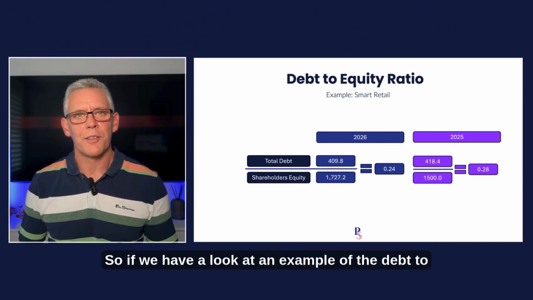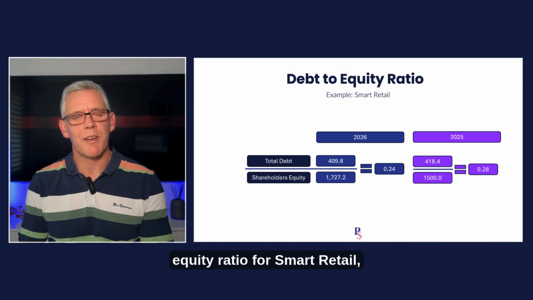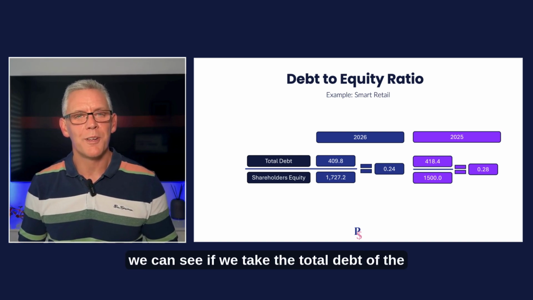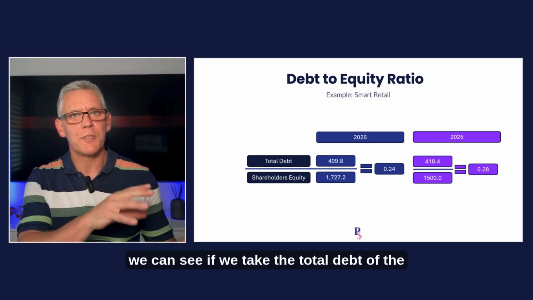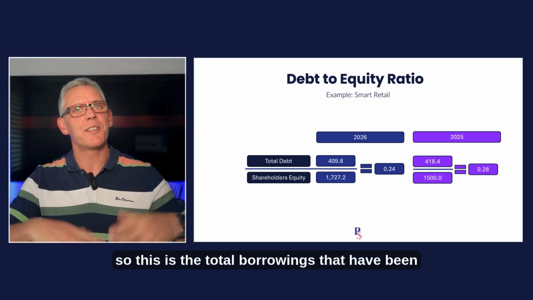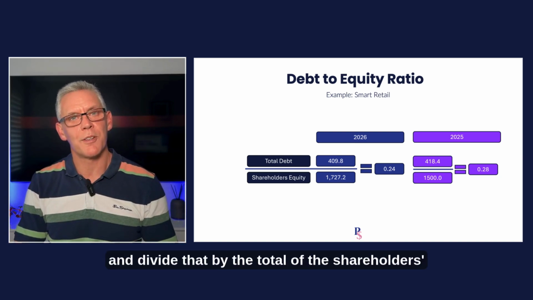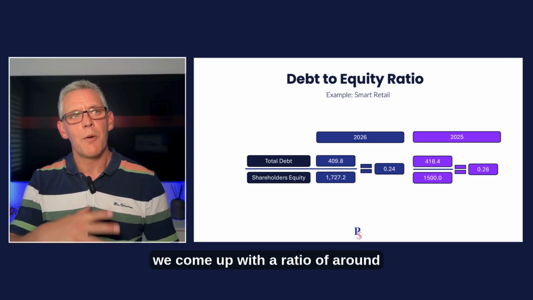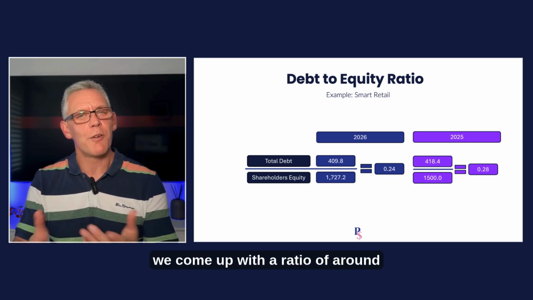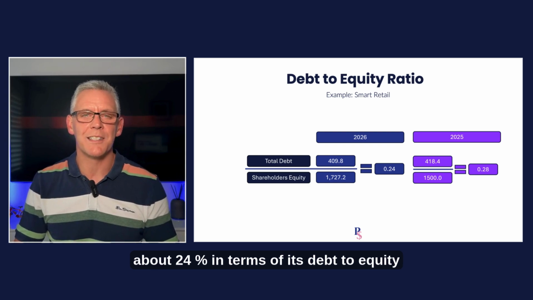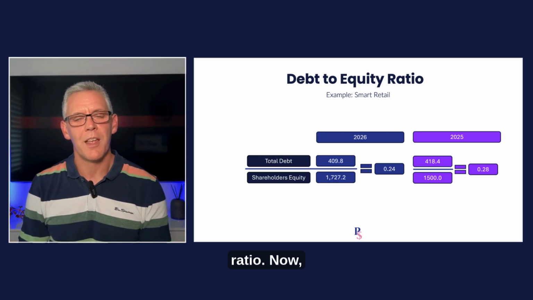So if we have a look at an example of the debt to equity ratio for Smart Retail, we can see if we take the total debt of the organization, so this is the total borrowings that have been put in place, and divide that by the total of the shareholders' equity, we come up with a ratio of around about 24% in terms of its debt to equity ratio.